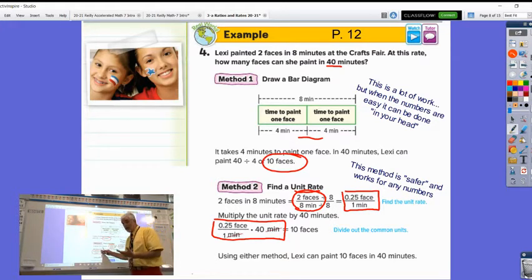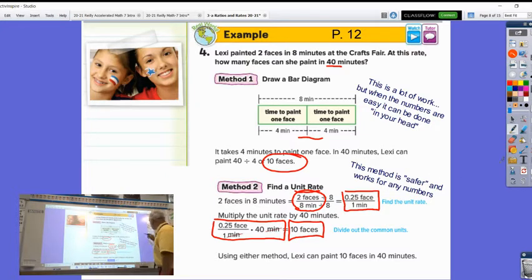In the middle of the work here, you really don't need to write your units all the time, but you always have to have units in your final answer. This is good because faces per minute shows you the unit rate, and then you multiply, and your final answer is 10 faces.